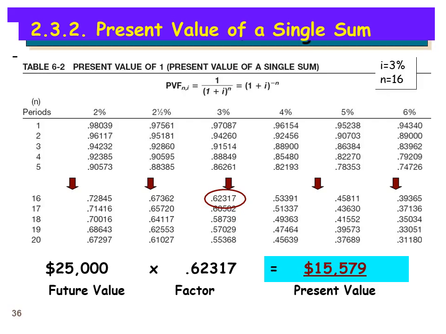With this, we can get our present value. Present value is equal to future value times the present value factor, which is 0.62317. Then future value times factor value equals $15,579.